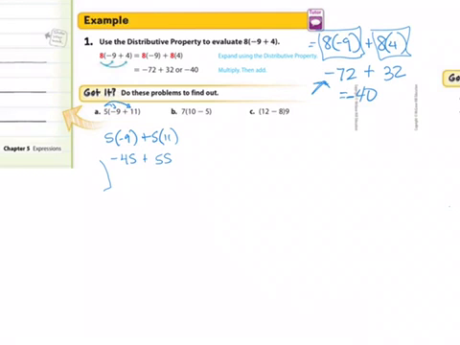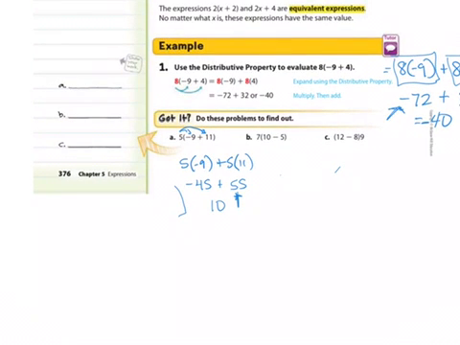The values have different signs, so we find the difference, which is 10, and we keep the sign of the bigger number, which is the 55. So our first answer would be a positive 10.